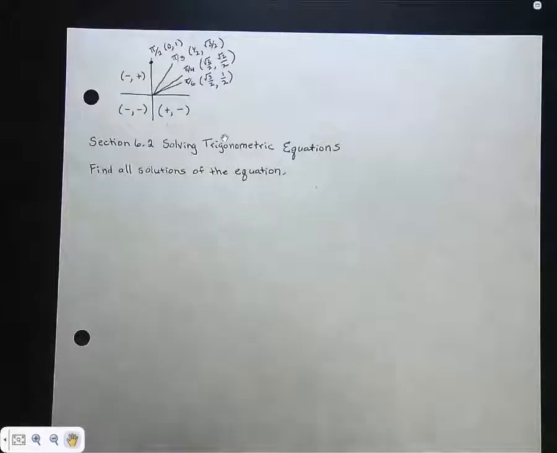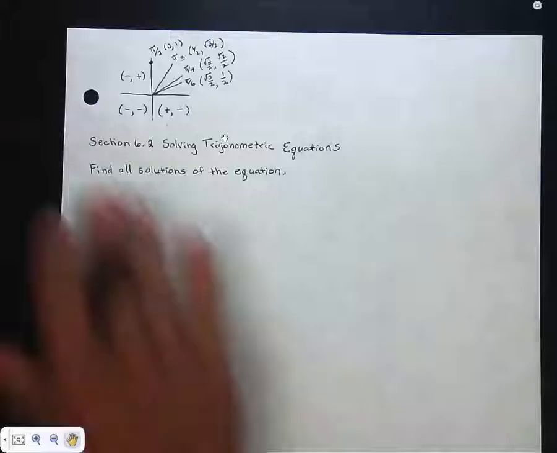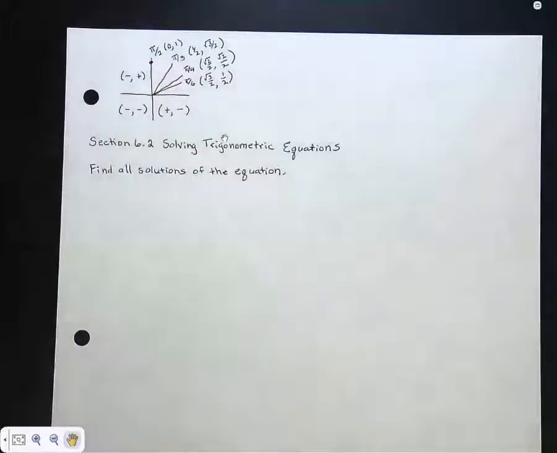The first hint, or the first method I'm going to use, and I just made this up, but I'm going to call it squint and solve. You just literally squint at the equation, picture in your mind the unit circle, and solve the equation by thinking of the angle whose sine or cosine or trigonometric function it is that you've asked for.